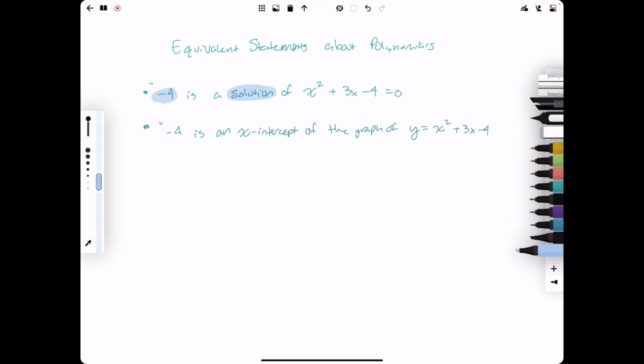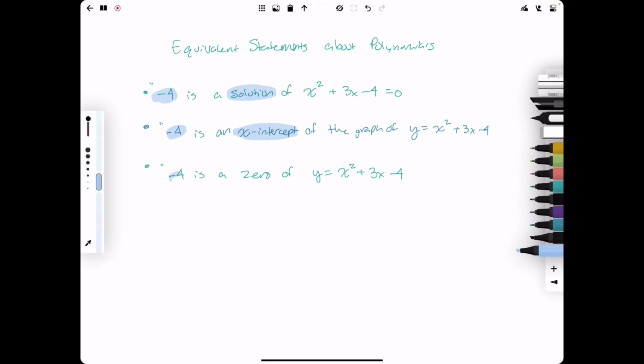So again, negative 4 is an x-intercept. These are all very important, related things. They're all meaning the same thing, just said differently. "Negative 4 is a 0 of y equals x to the second plus 3x minus 4."